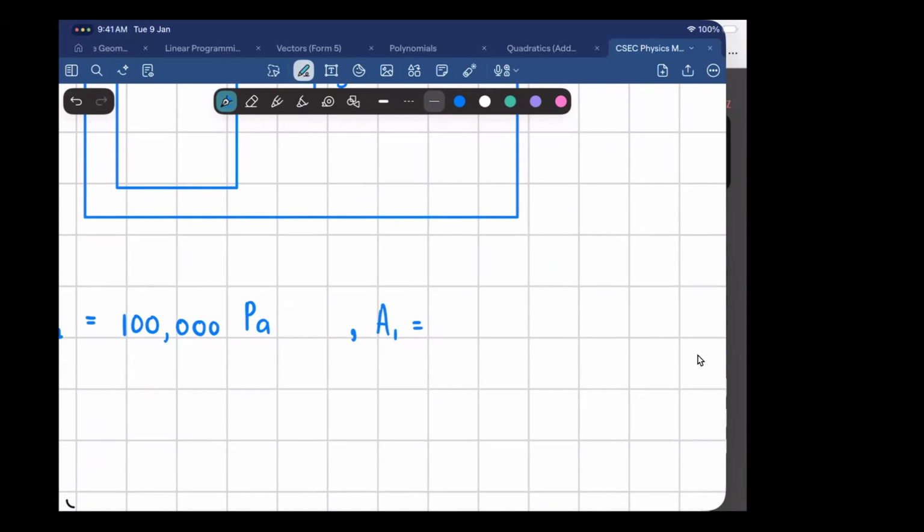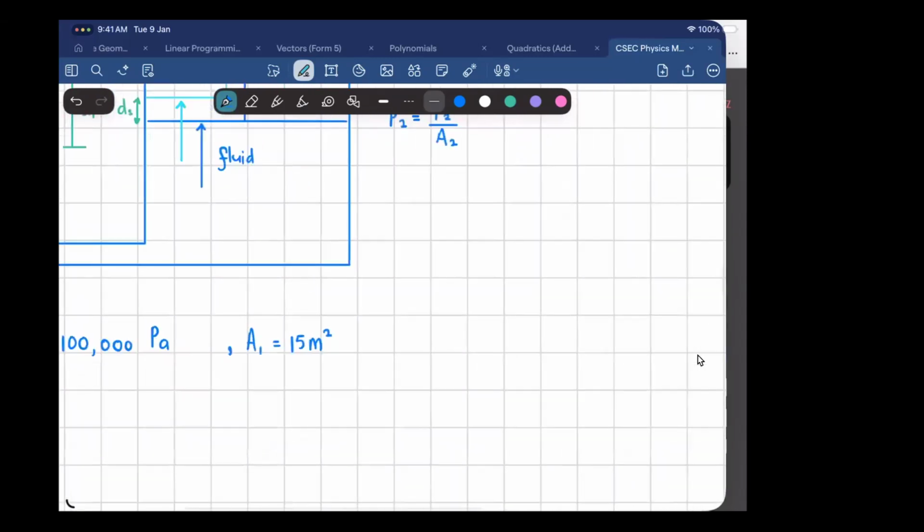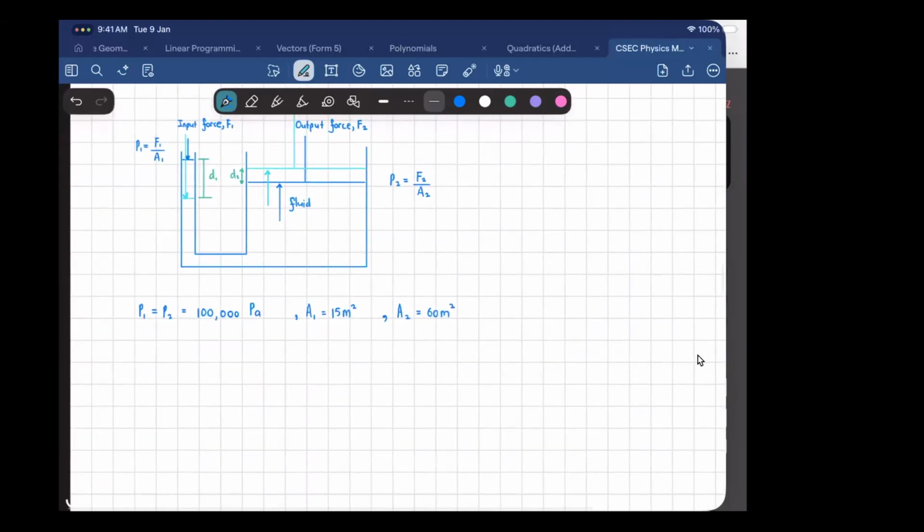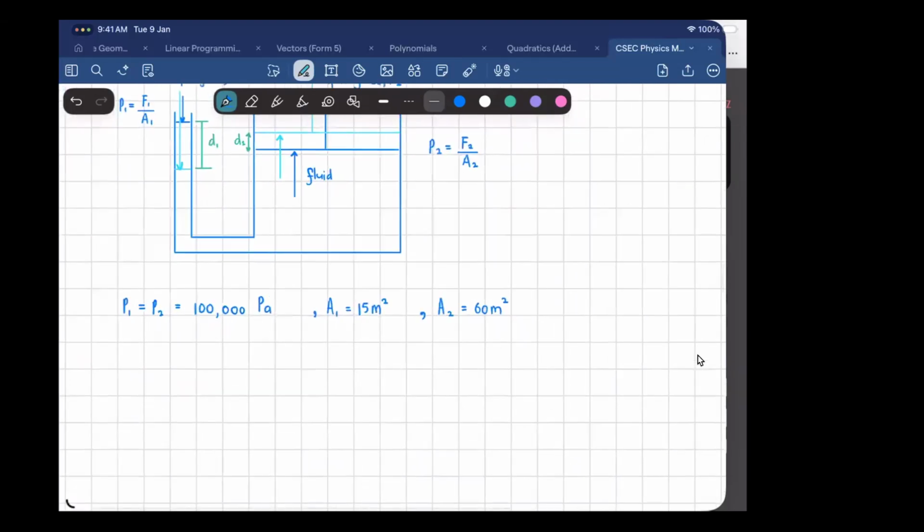Okay, 15. And let me just say the area for A2 is 60 meters squared. All right, stay with me so far, right? Yes, sir. Cool.